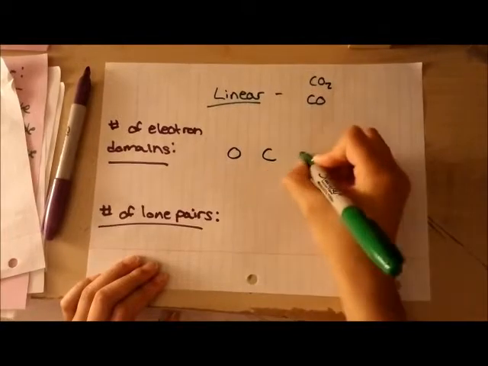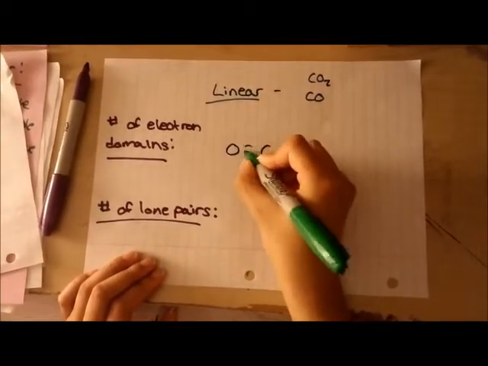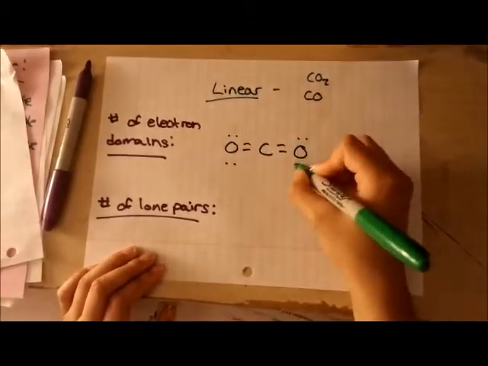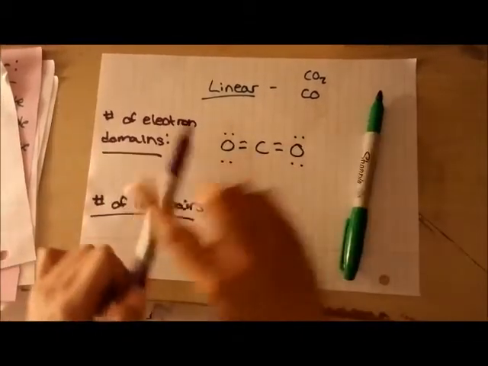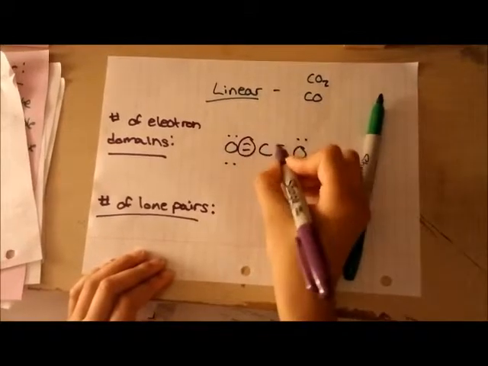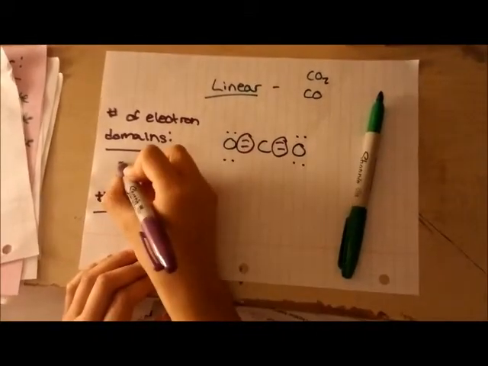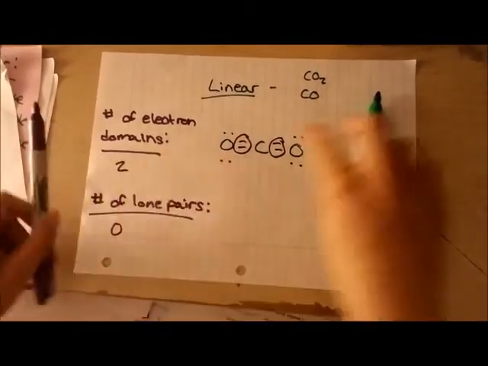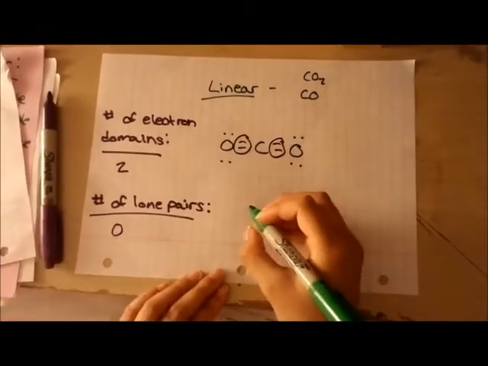So the first electron geometry is a linear shape. A common linear molecule is carbon dioxide. First, draw its Lewis dot structure, and you can see that it has 2 double bonds around the carbon atom. Each double bond is 1 electron domain, so there are 2, and there are no lone pairs.